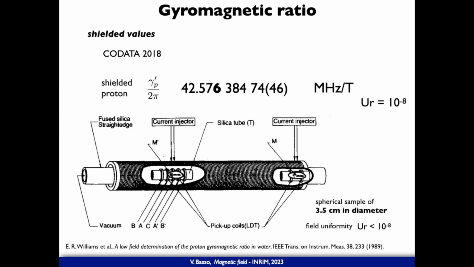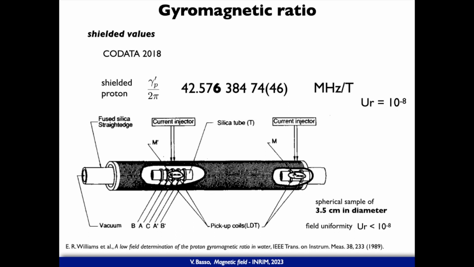How was the gyromagnetic ratio of the shielded proton measured? Essentially it was measured with a solenoid, by producing a very uniform and calibrated field, using special methods. The solenoid was devised in a way that the uniformity is exceptional, 10 to the minus 8 for the region of the experiment.